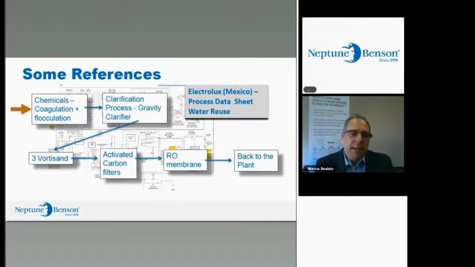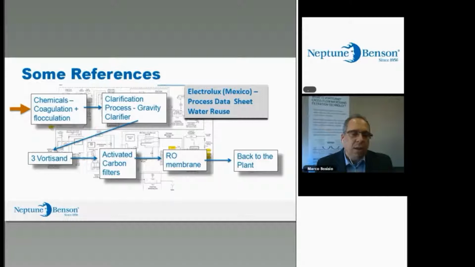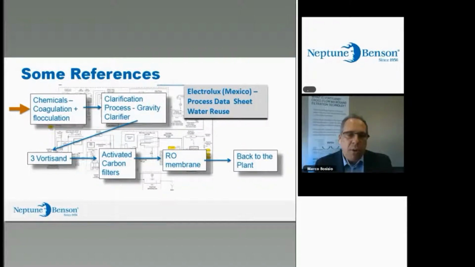The water is heavily charged with BOD and TSS, so they have a full treatment chain of coagulation, flocculation, clarification, and then it goes to a Vorticen, in fact 3 Vorticen units, then activated carbon to remove as much of the soluble organics as possible to protect the RO membrane, which has been in operation for over 5 years now without being replaced. So it does show how the Vorticen has been able to protect the membrane.